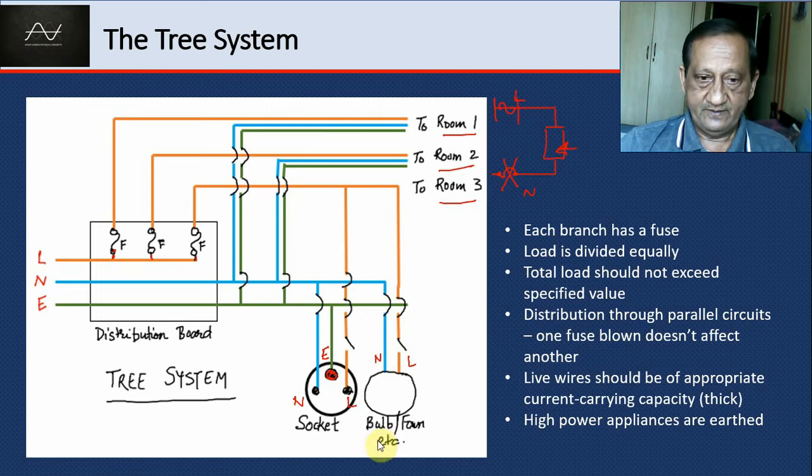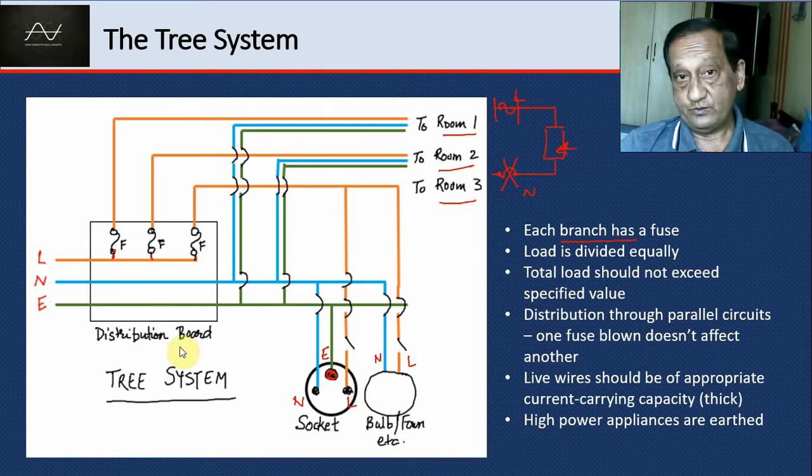So, like that, it is done. So, each branch has a fuse, and load is divided equally. The total load for all the rooms should not exceed the specified value for a house, and the distribution is through parallel circuits to room 1, 2, 3, and each is having its own fuse.